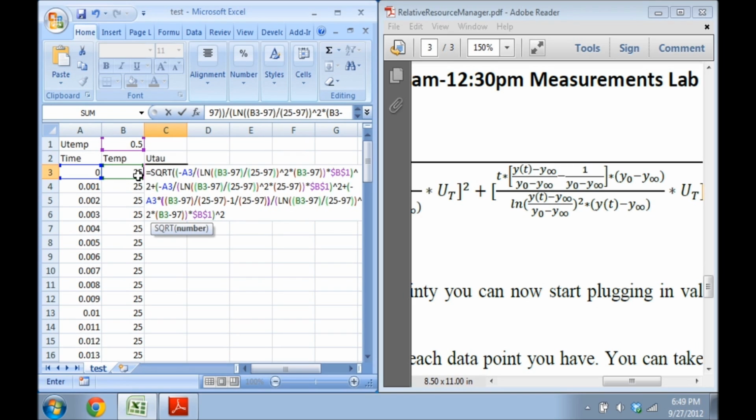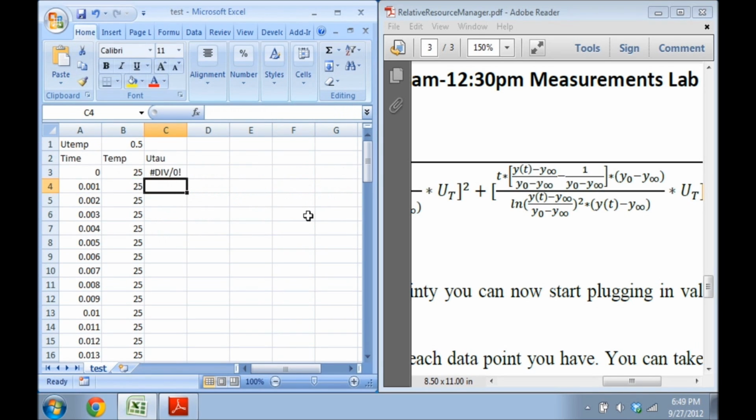Close that parentheses. Then I close the parentheses here. That one I just added was for this whole thing to be in parentheses. Then I'm multiplying by the initial minus final again. And then I go back down here, and it's the y of t, and I already have y of t. So that's it. So the last thing I'm going to do is close my square root parentheses.